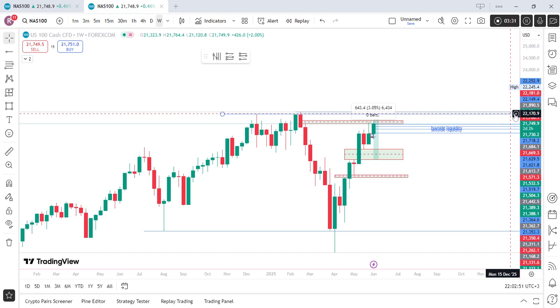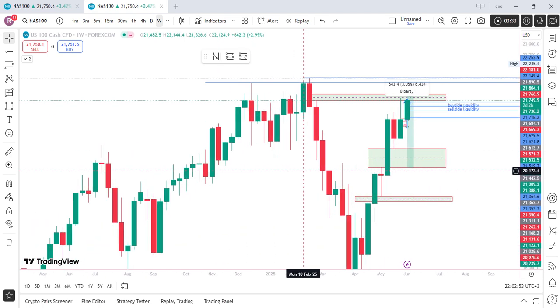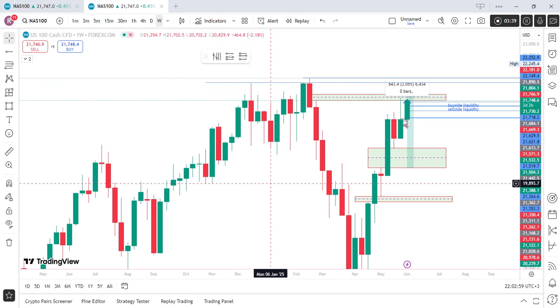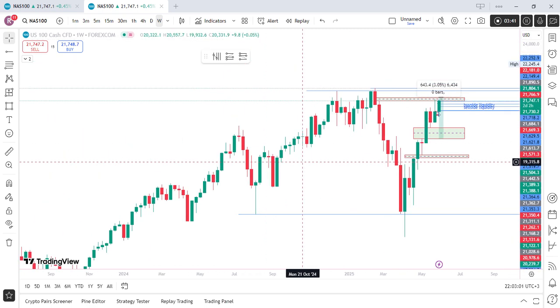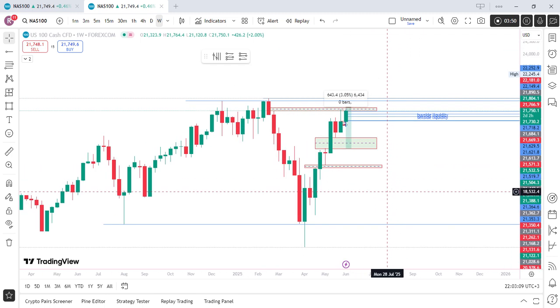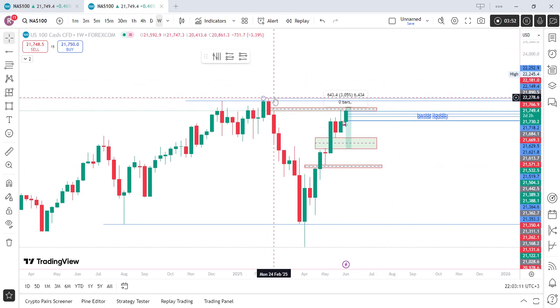Take a look at what price did. Price came, took these highs, this buy side liquidity, then dropped and took this sell side liquidity. After taking this sell side liquidity, what else do we expect? We expect price to take these highs again.